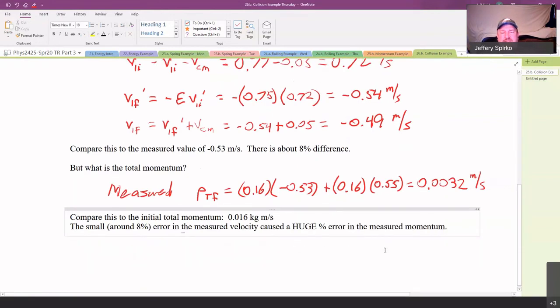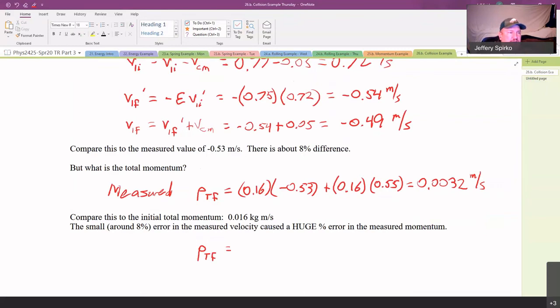And this is something that happens when you're subtracting large values. So our P total final, if I just break out momentum 1, would be minus 0.0848 plus, and if I break out just momentum 2, 0.088.